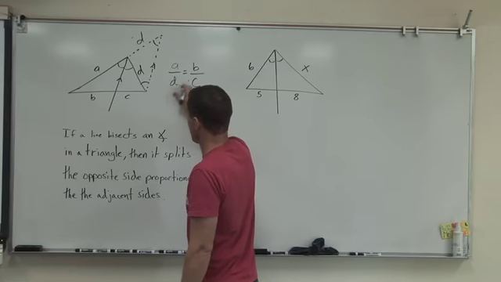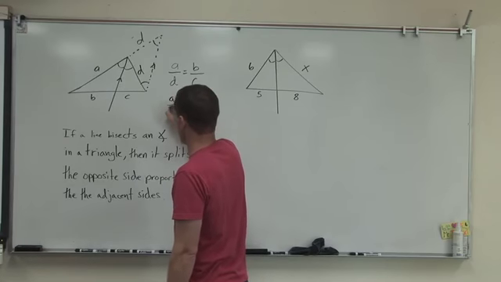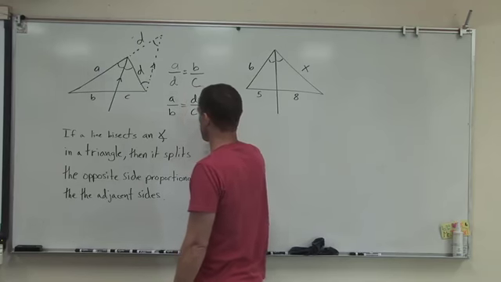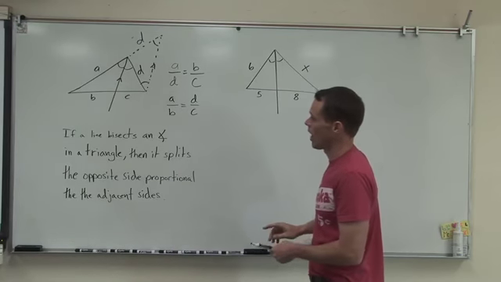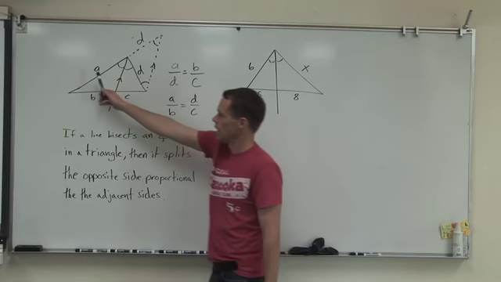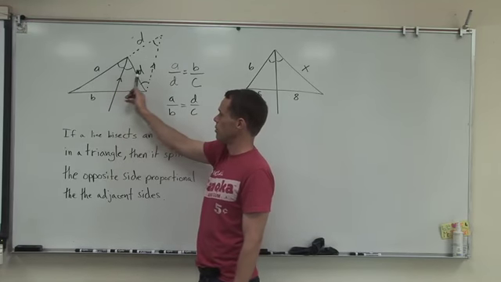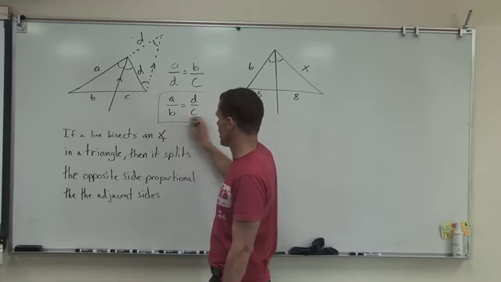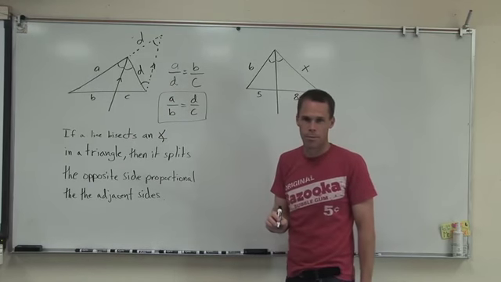Sorry, not D. I can flip this to A over B equals D over C. And now, all of a sudden, I see that the proportion was there the whole time. A over B equals D over C. And this right here is the angle bisector theorem.